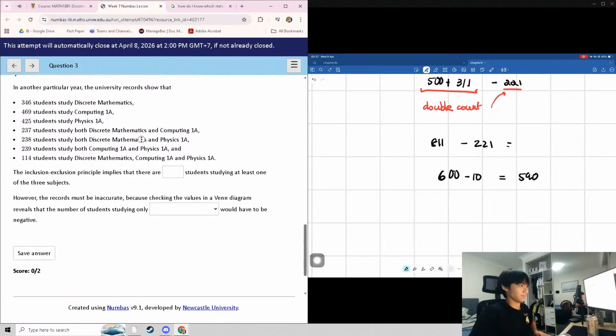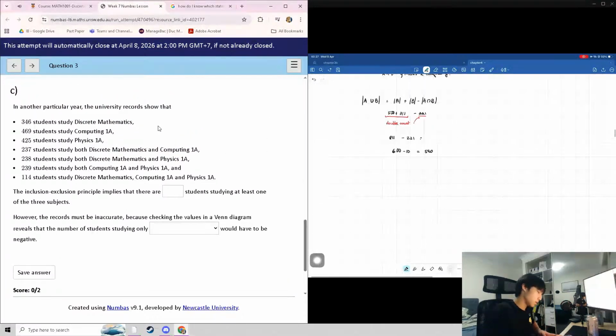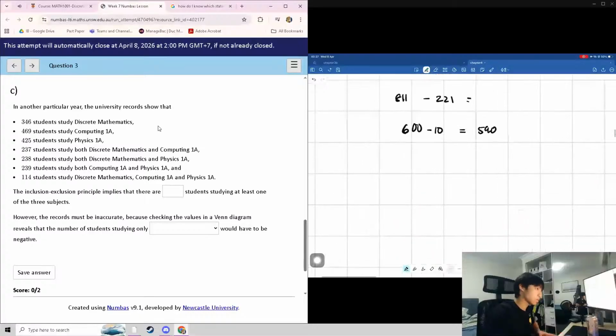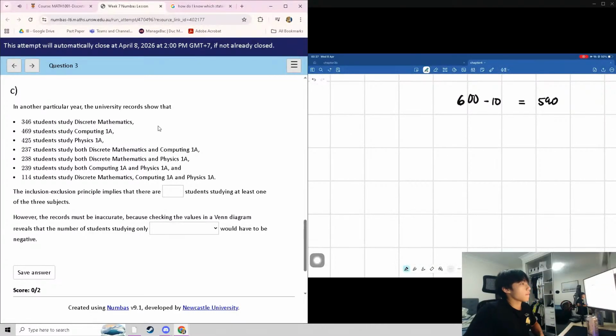Okay. In a particular year. Okay, the inclusion-exclusion principle: the number of students studying at least one of these 3 subjects. Let's check.